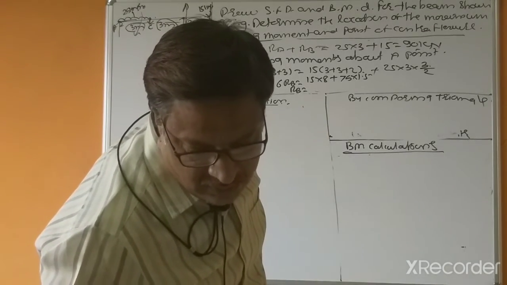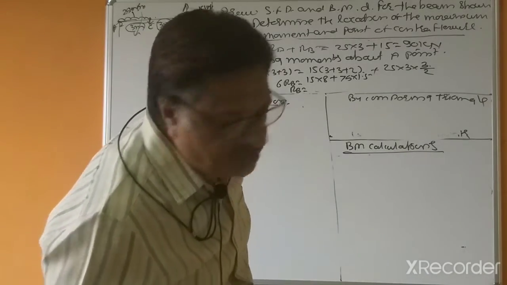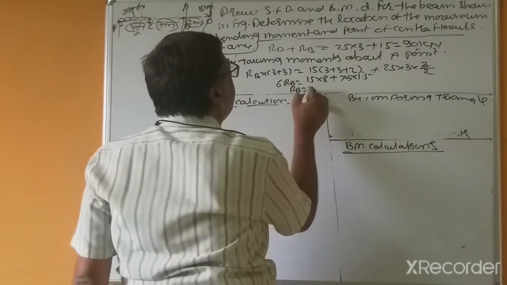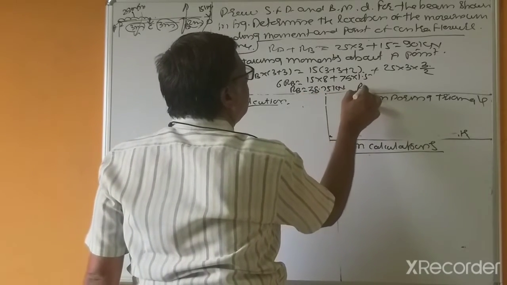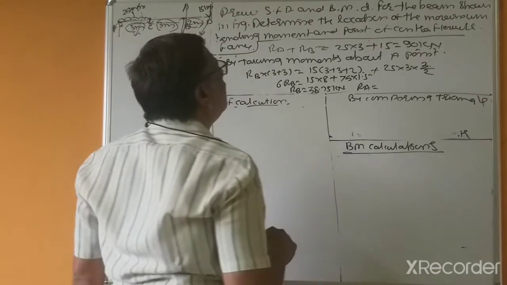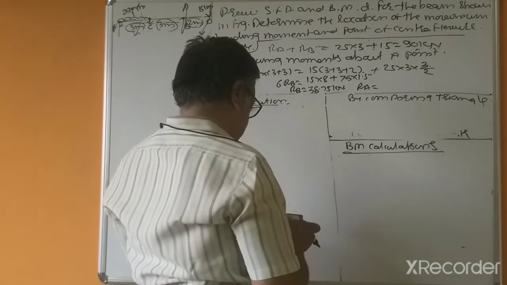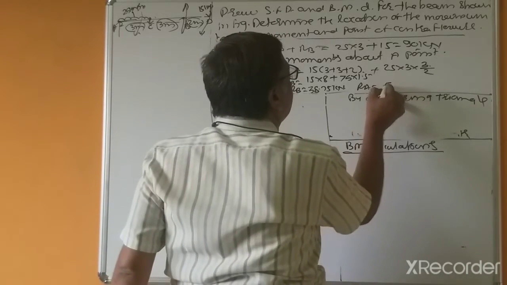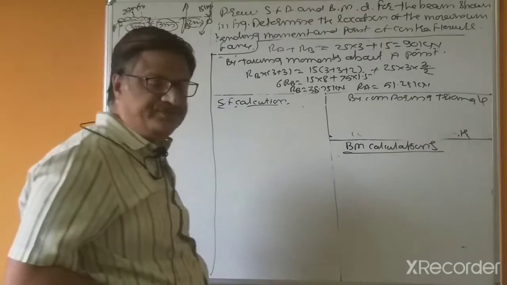RB equals 38.75 kilonewton and RA equals 90 minus 38.75, which is 51.25 kilonewtons.